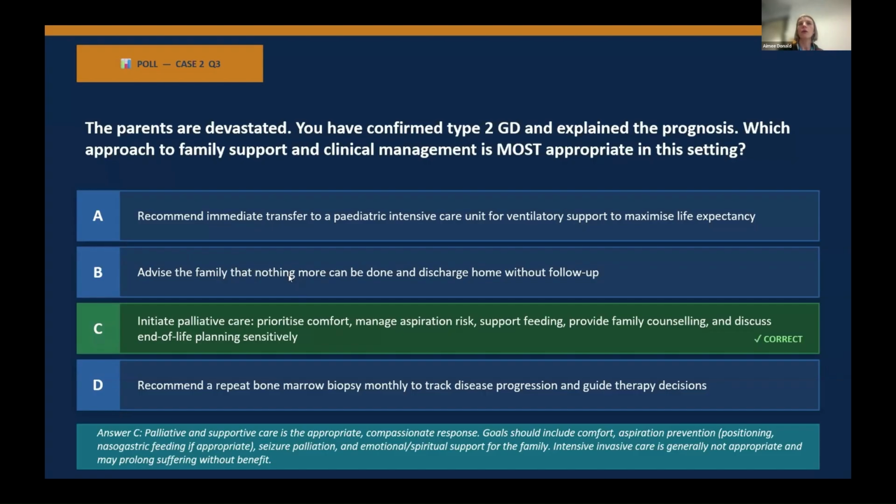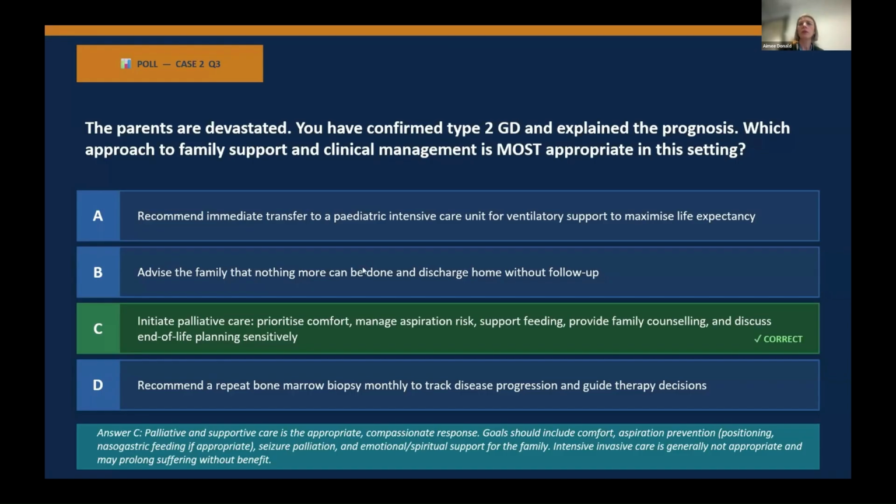So if we were to recommend that all patients were transferred to intensive care, we could be successful in prolonging life, whether that was prolonged comfortable life, I think, is arguable. And therefore, sometimes a prolonged life is not in a patient's best interest, particularly that of a child.